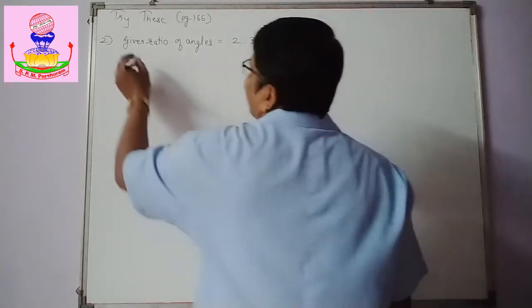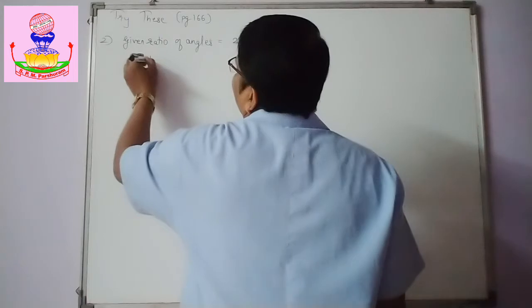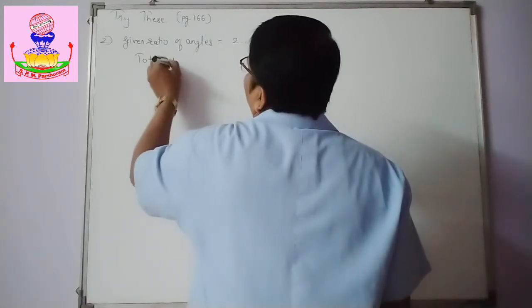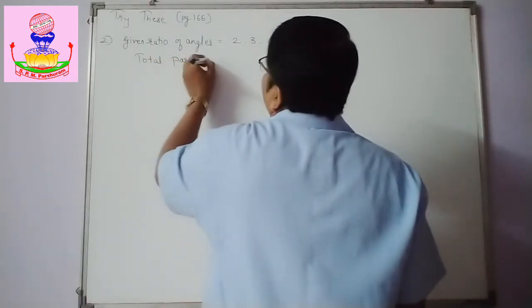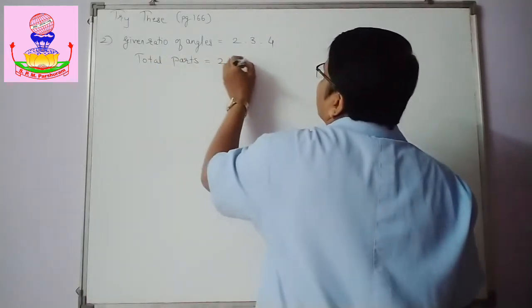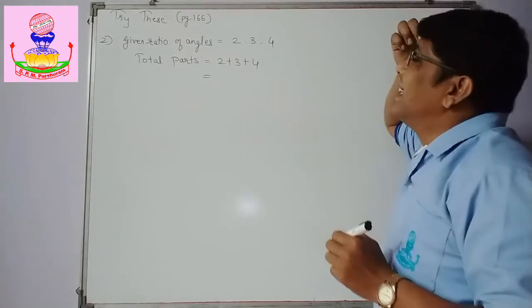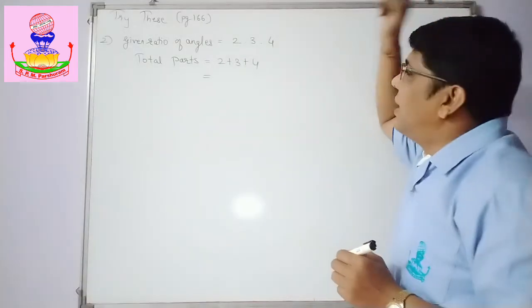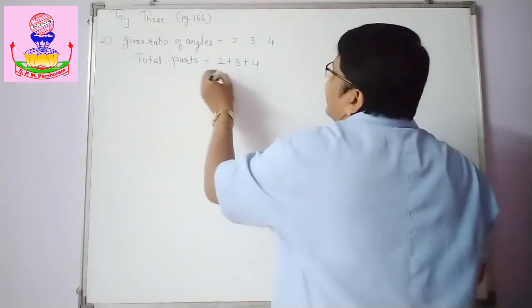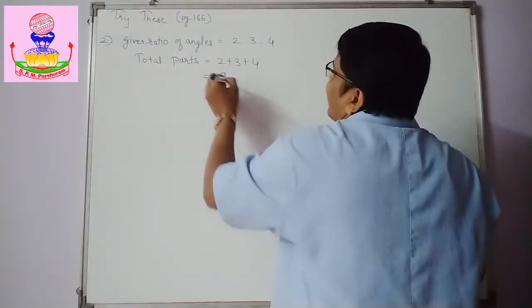Okay, so total parts is equal to 2 plus 3 plus 4. So 2 plus 3 is 5, 5 plus 4 is 9.